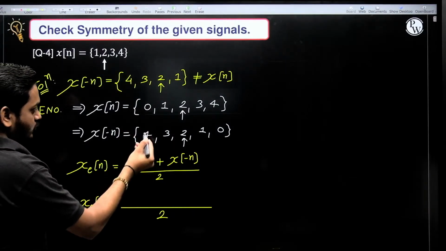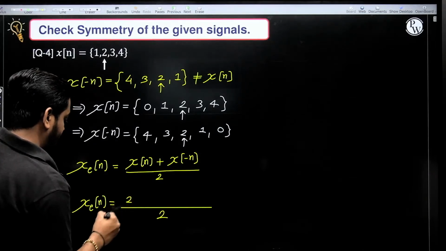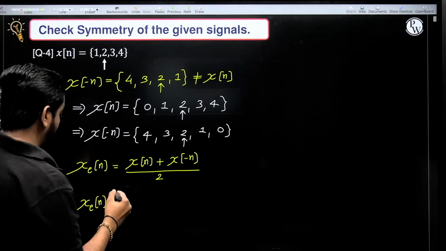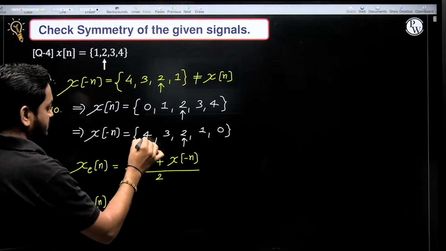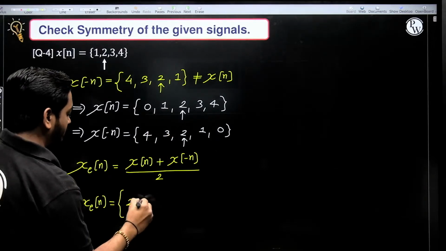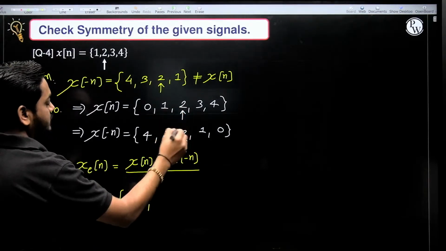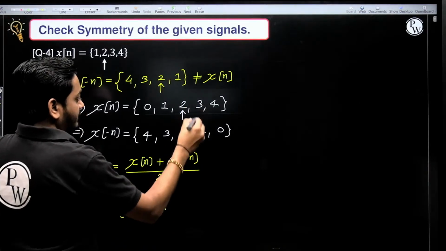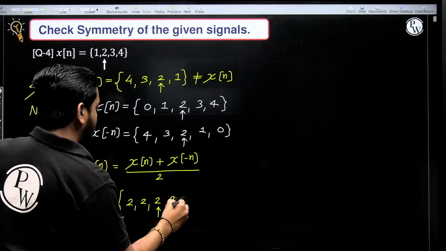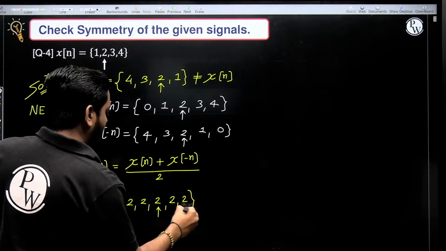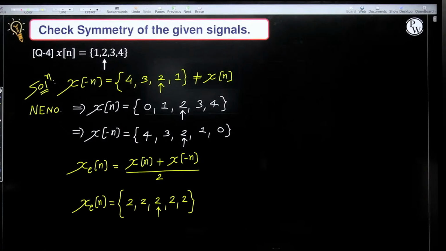So 0 plus 4 divided by 2, it is 2, guys. 1 plus 3 divided by 2, again 2. 2 plus 2 divided by 2, 2. 3 plus 1 divided by 2, again it is 2. 4 plus 0 divided by 2, it is 2. Clear? So this is the even part.